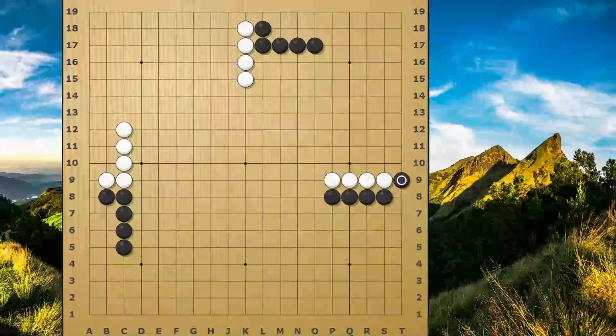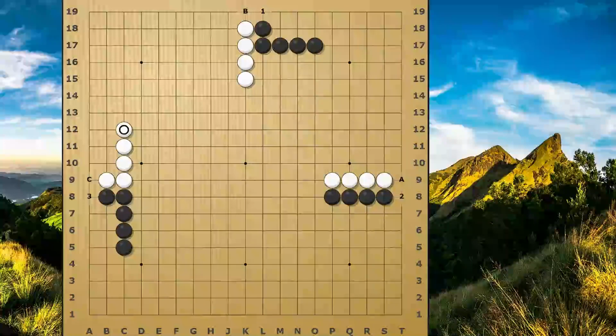Well, I guess it's free as long as the person responds. Yes, that's the first of the 2 observations: white might not actually answer. White might decide, you know what, you can do this because I did something too important over here. That's the first of the two reasons: it might not be sente yet.